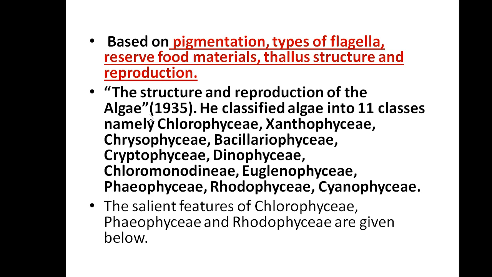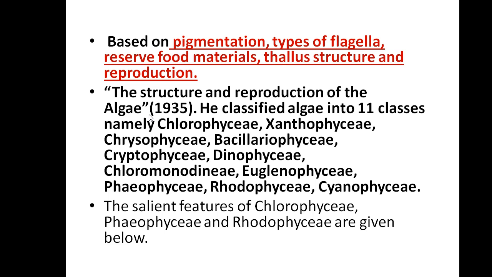In 1935 a book, Algae: Structure and Reproduction, was written. The scientist classified the algae into 11 classes, namely Chlorophyceae, Xanthophyceae, Chrysophyceae, Bacillariophyceae, Cryptophyceae, Dinophyceae, Chloromonadineae, Euglenophyceae, Phaeophyceae, Rhodophyceae, Cyanophyceae.